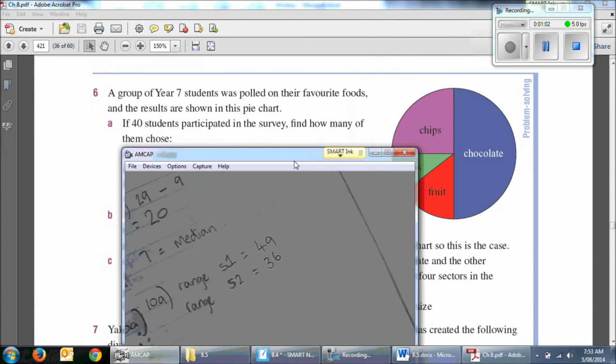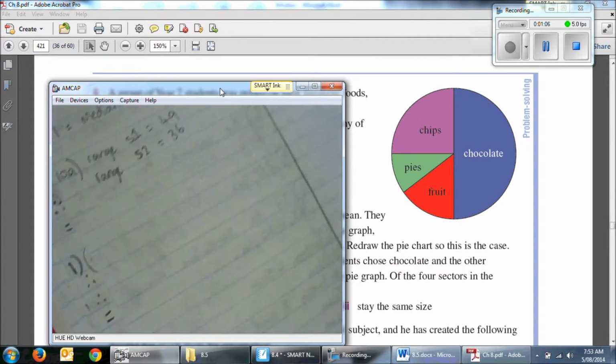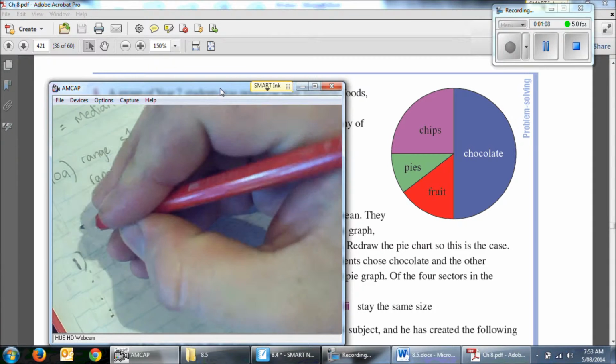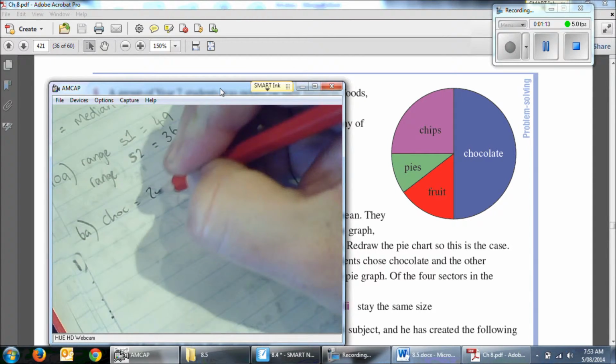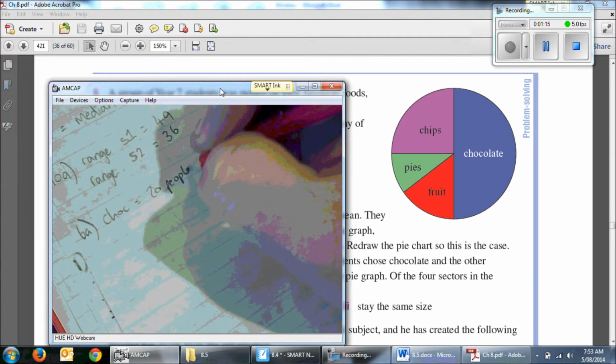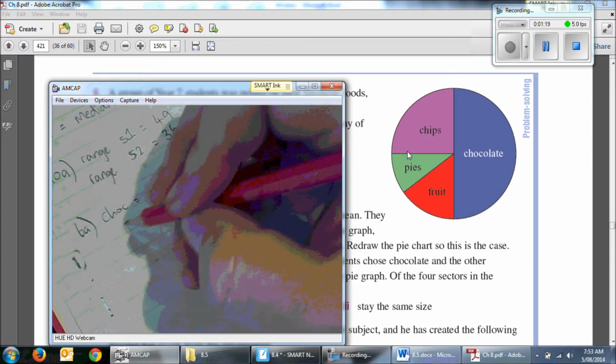All right, so I can make that assumption straight away. So chocolate equals 20 people. Chips is a quarter. So a quarter of 40 is 10.